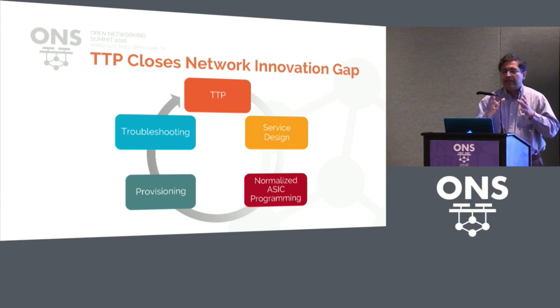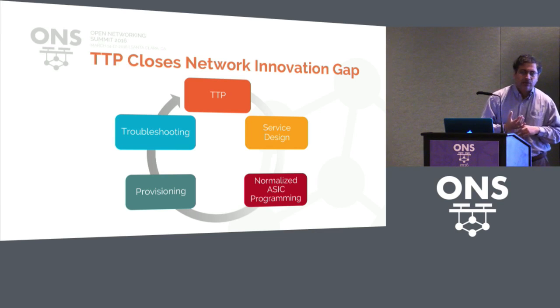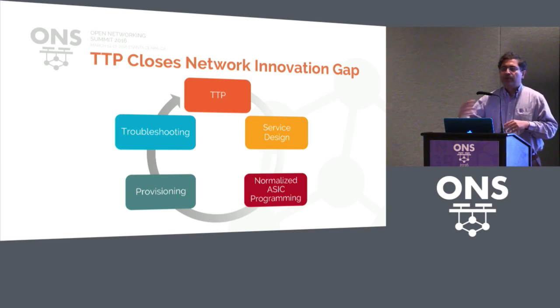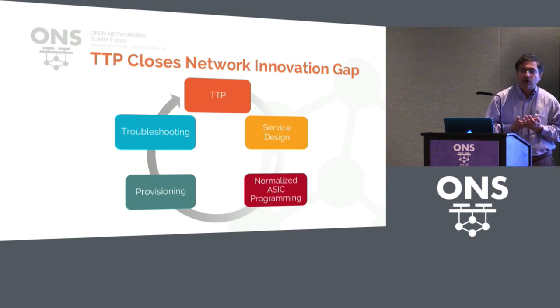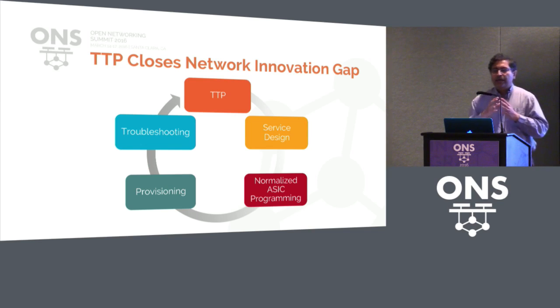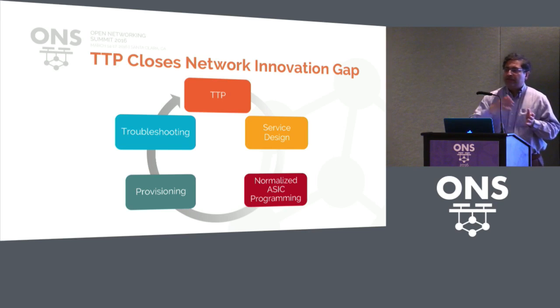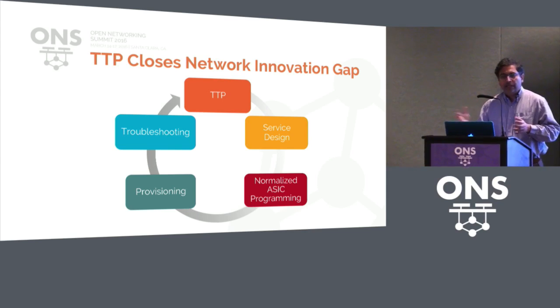So TTP is nothing but an ASCII file that allows you to understand in a very simple language how you program a certain pipeline. So for example, you have a TTP that enables IP routing on the hardware, right? It creates certain tables and then allows you to jump from one table to the other.